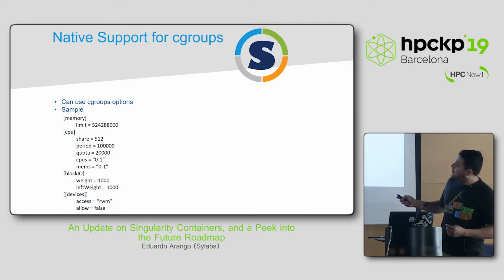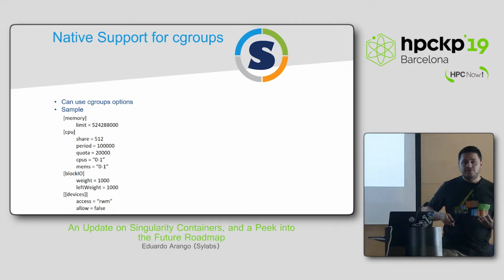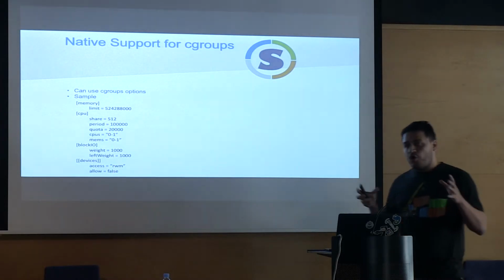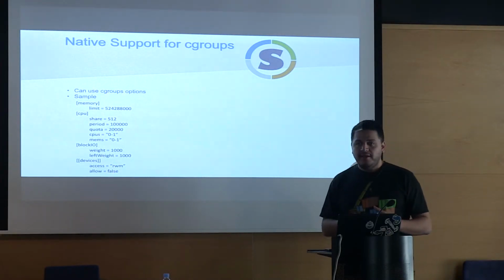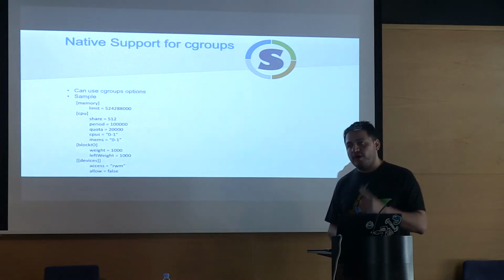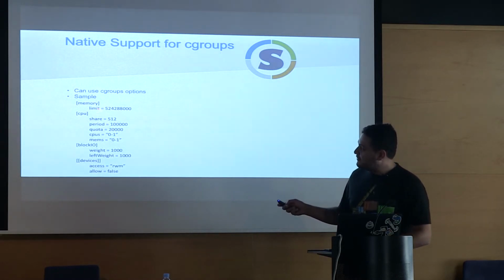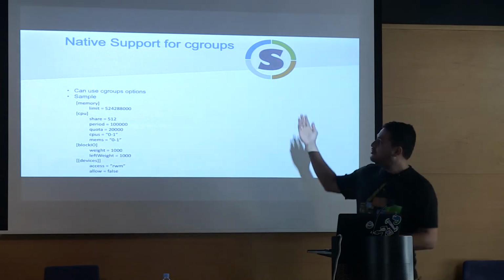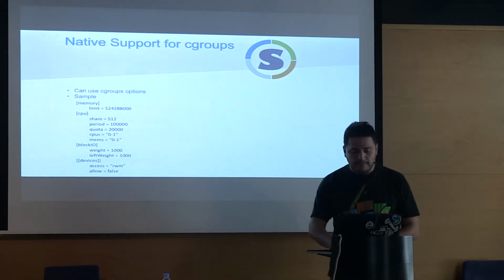So now with the Go integration, you can specify a sample like this and really constrain the hardware that your container has. So you can create containers with access to just one core or to a specific memory or to specific I/O or devices. So this is also a big win of moving into Go.